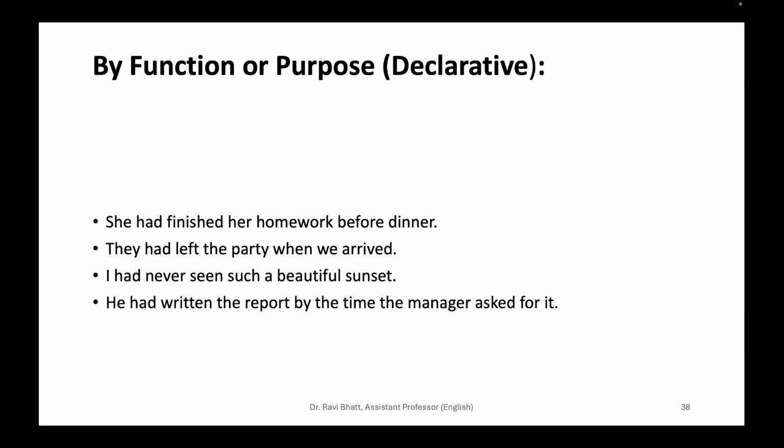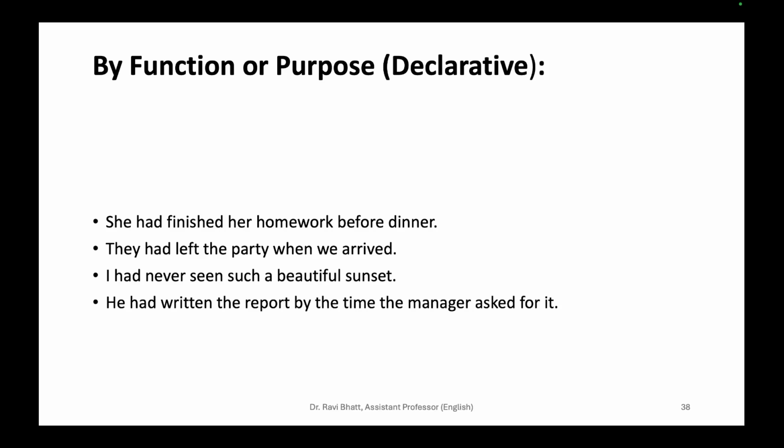Now, in scenarios like this, for past of the past, that is for the action that had happened first, we will always use past perfect, and the second action will always come in simple past. Okay. For example, in the second statement, two actions had been done. Some people had left the party and some people arrived. Okay. So those who have arrived are saying that the other party had left before they arrived.